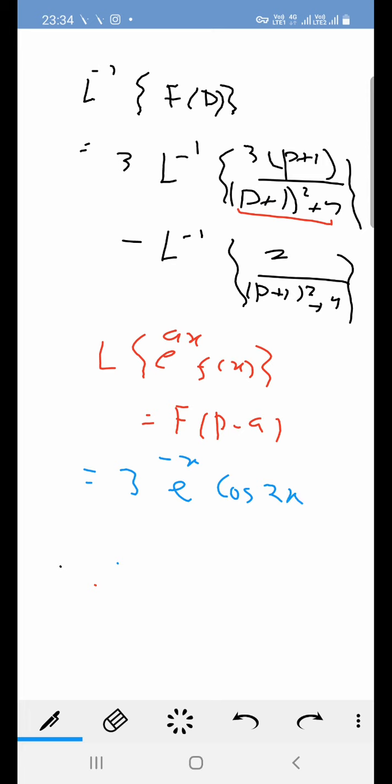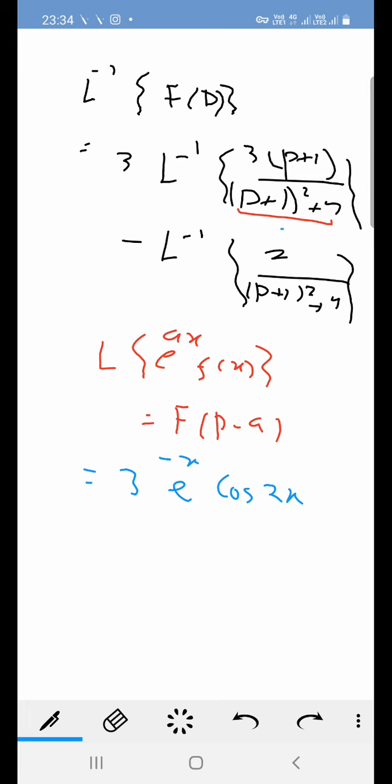Because we have also used cos, since L of cos alpha x we know is equal to p divided by p square plus alpha square. So this is the first expression.